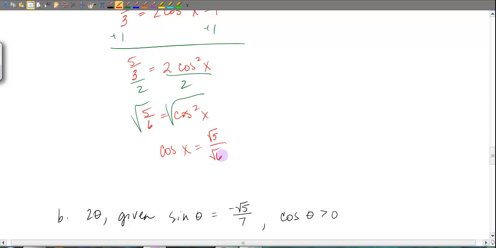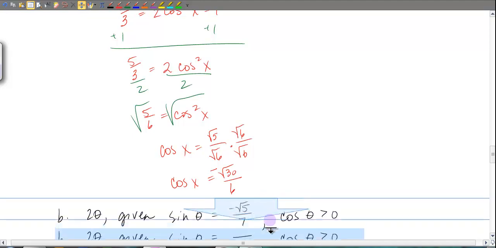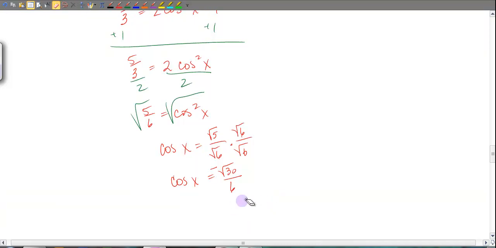That just helps me see that when I rationalize the denominator, which means multiplying by the denominator, the cosine of x is going to end up being the square root of 30 over 6. But remember, we're in quadrant 2, so this needs to be negative. Okay, so there's our answer for cosine of x.